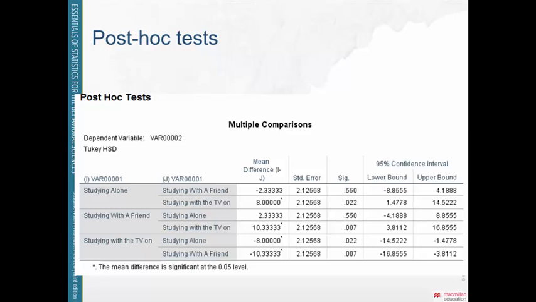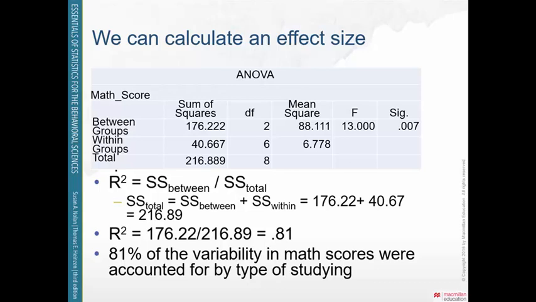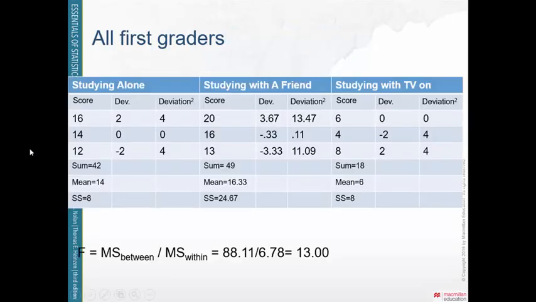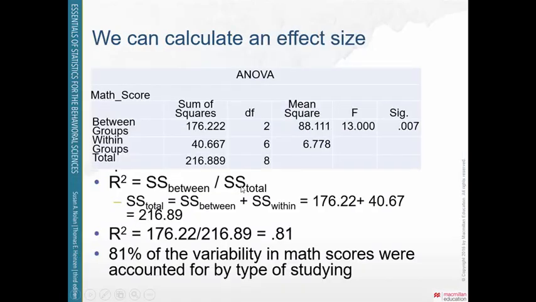We're looking at studying alone versus studying with a friend. There's a 2.33 point difference in math test scores. And remember, we're just looking at 14 minus 16.33, which gives you negative 2.33.